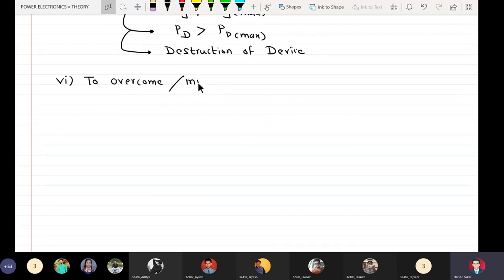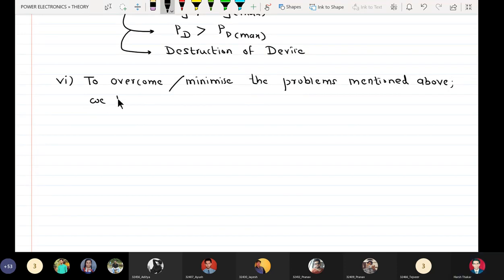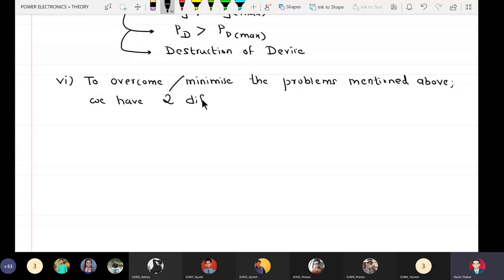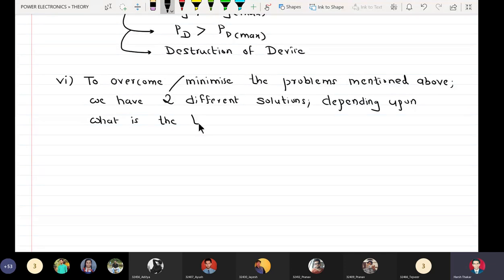To overcome or minimize the problems mentioned above, we have two different solutions depending upon the type of input.